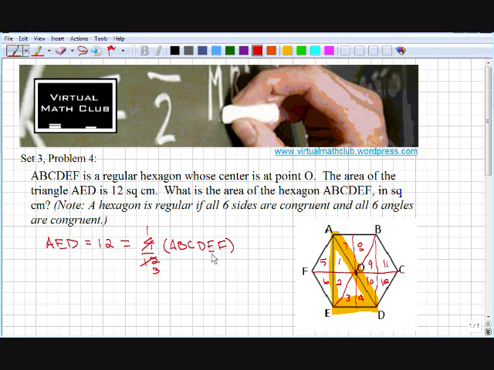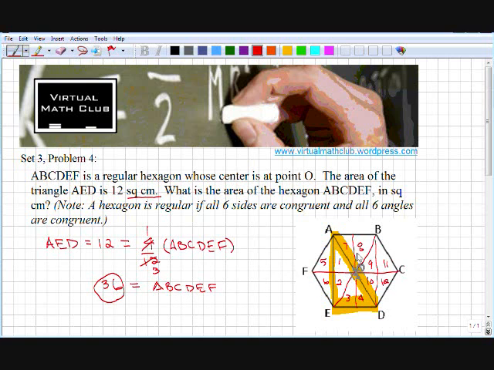So 1/3 of the whole area of the hexagon is equal to 12, so I can multiply both sides by 3, and I would get 36 is equal to ABCDEF. So we have found the answer: the area of ABCDEF is 36, and the units are square centimeters. So 36 square centimeters is the area of the whole thing.